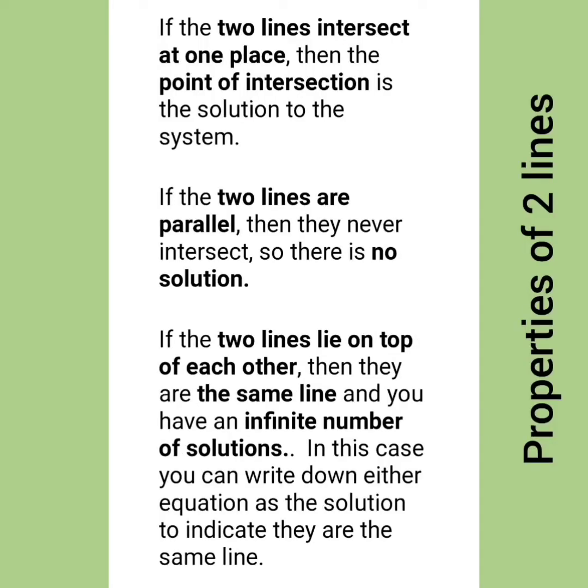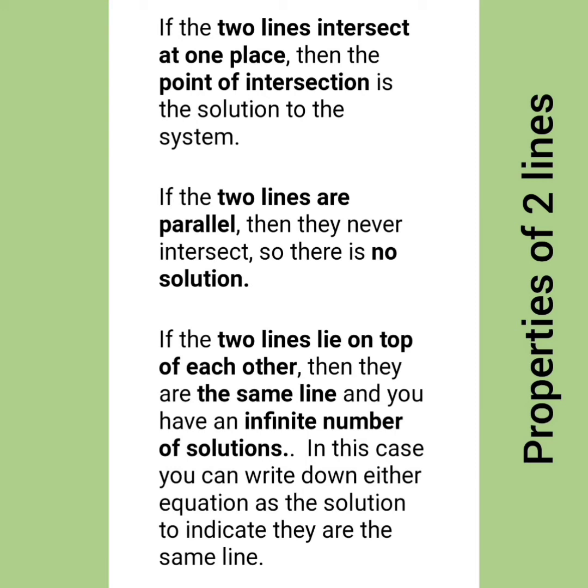Thus, we can now sum up based on one solution, no solution, and infinite number of solutions. If the two lines intersect at one place, then one point of intersection is possible, and thereby you get one solution for the system.